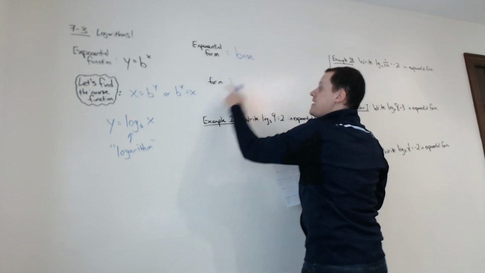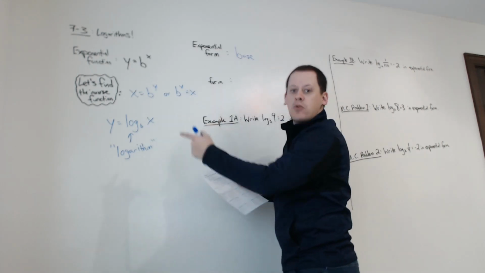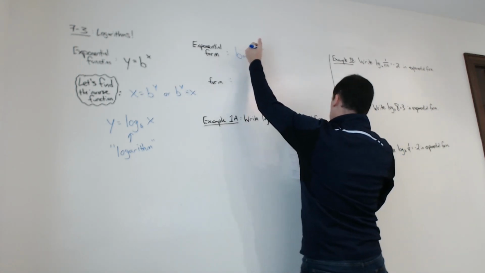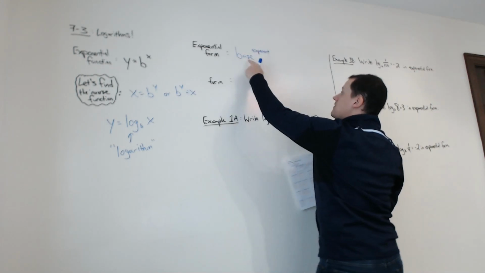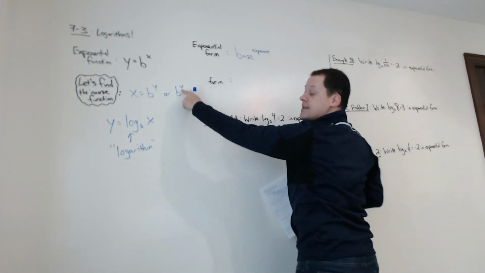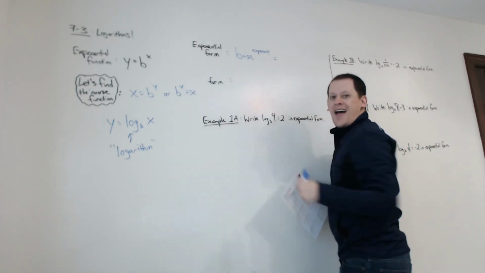You have a base, which in this example is b, but normally it'll be a number of some kind, like 3. And then you've got your exponents. So you've got base to the exponent power, so in this case that would be y, is equal to, we'll just call that the answer.